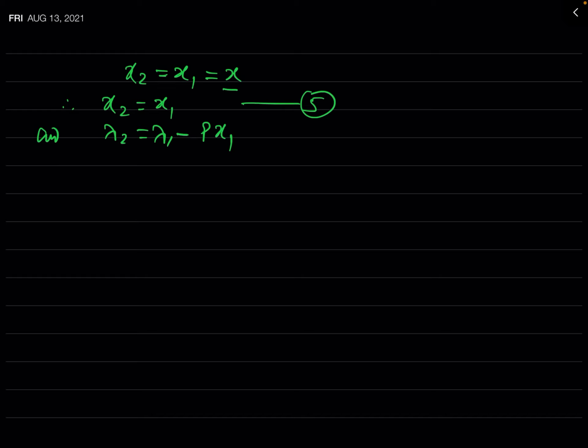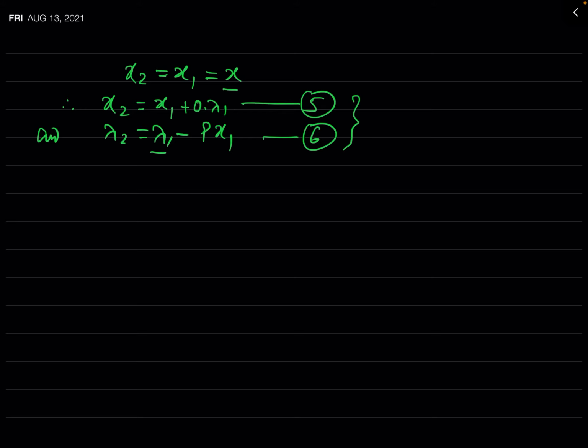So for convenience, now I am writing x1 in place of x. And in equation 5, there is no term containing lambda 1, so you may write plus 0 times lambda 1.